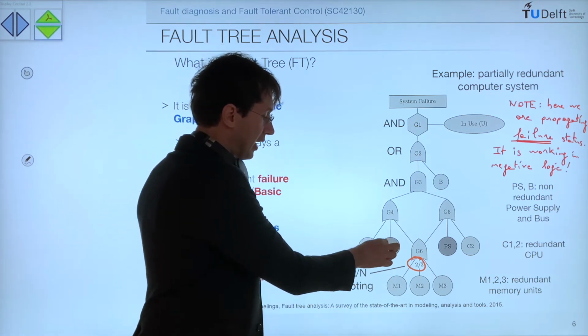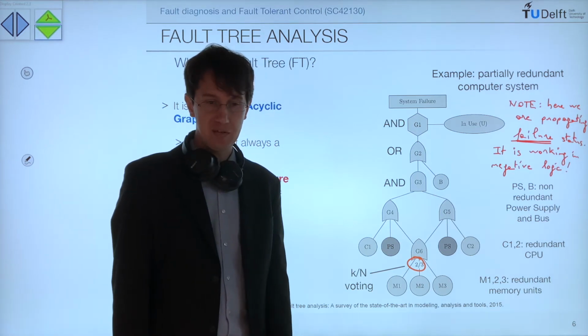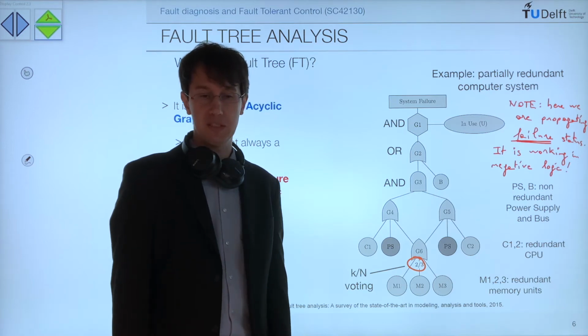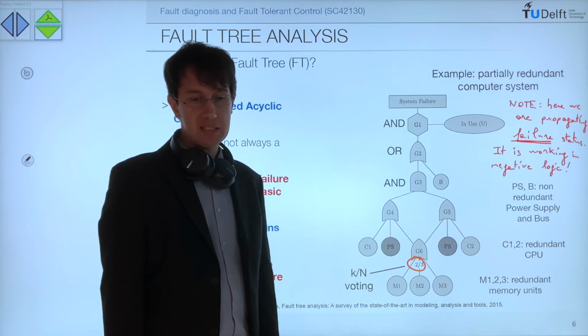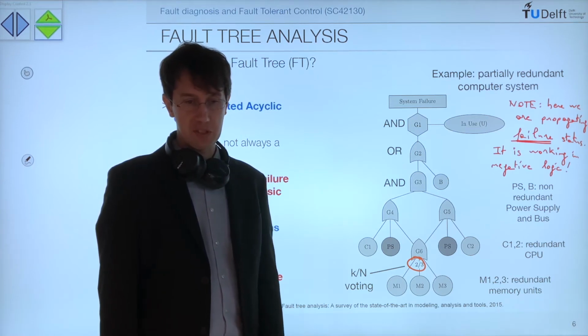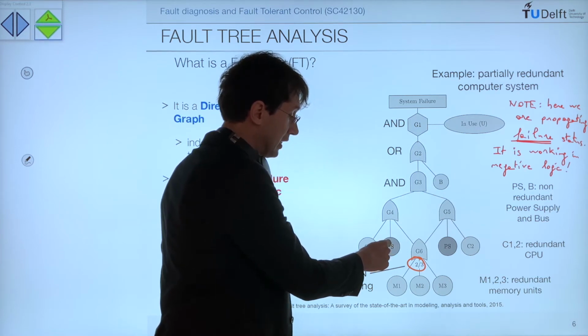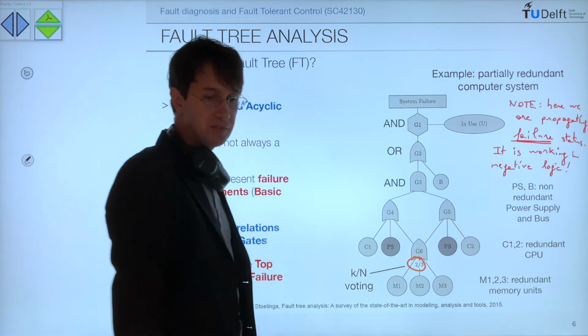So the power supply actually is a component that you obviously need for the computer to work, and it is not redundant, so there is not a backup power supply here. So the way that this was encoded in the fault tree was to include the power supply as a leaf, both in this branch and in this other branch.